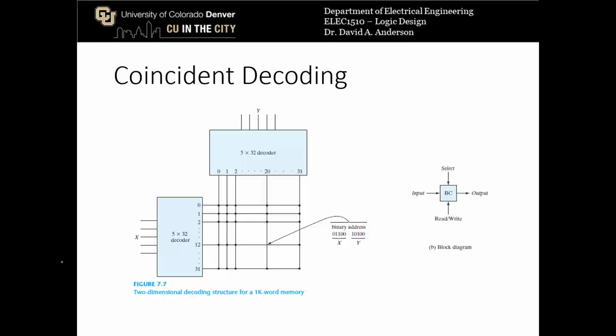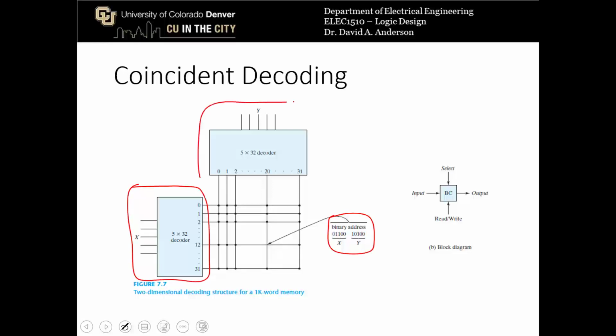So we have, for a binary address for a word of memory, an X and a Y component that are each 5 bits. We have a 5 by 32 decoder for the first 5 bits and a 5 by 32 decoder for the second 5 bits. 5 by 32 decoders are much easier to design than 10 by 1024 decoders.